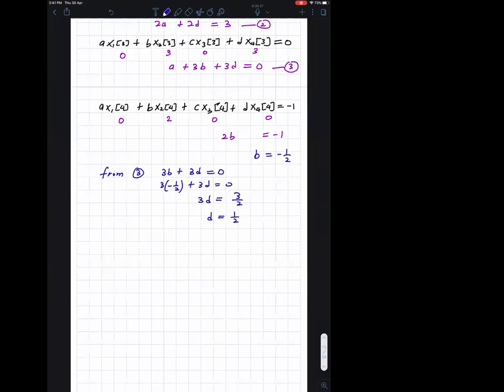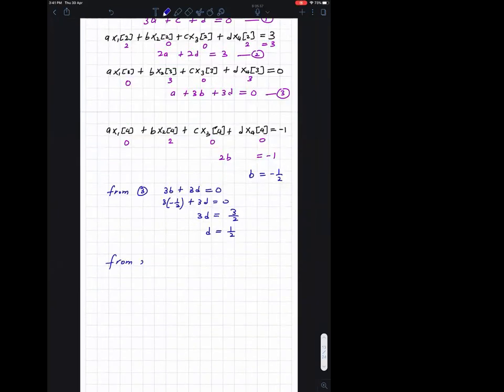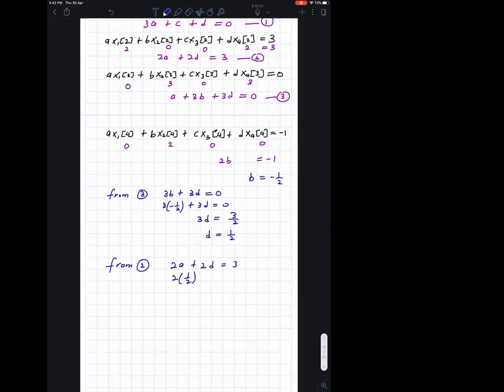So from 2, 2a plus 2d is equal to 3. So 2 times 1/2, 2a plus 2 times 1/2 is 3.